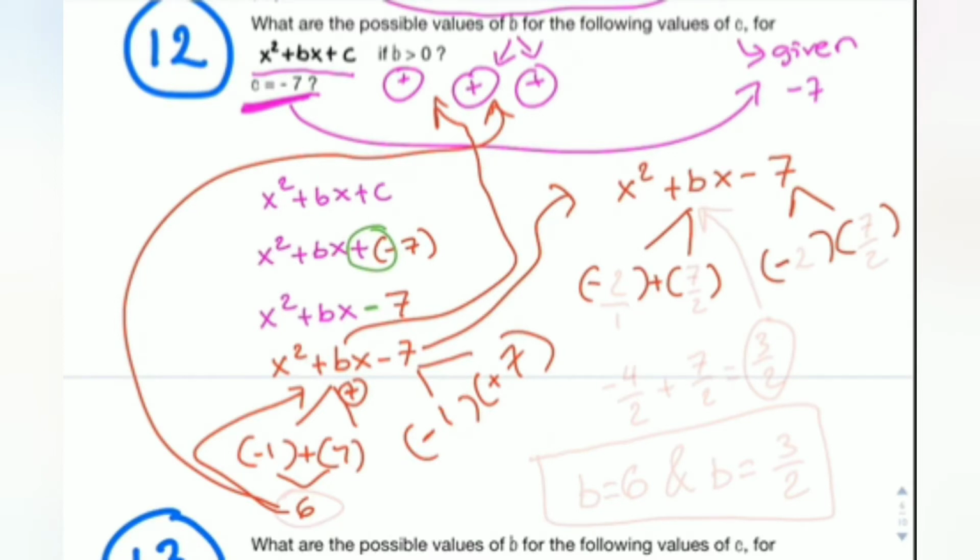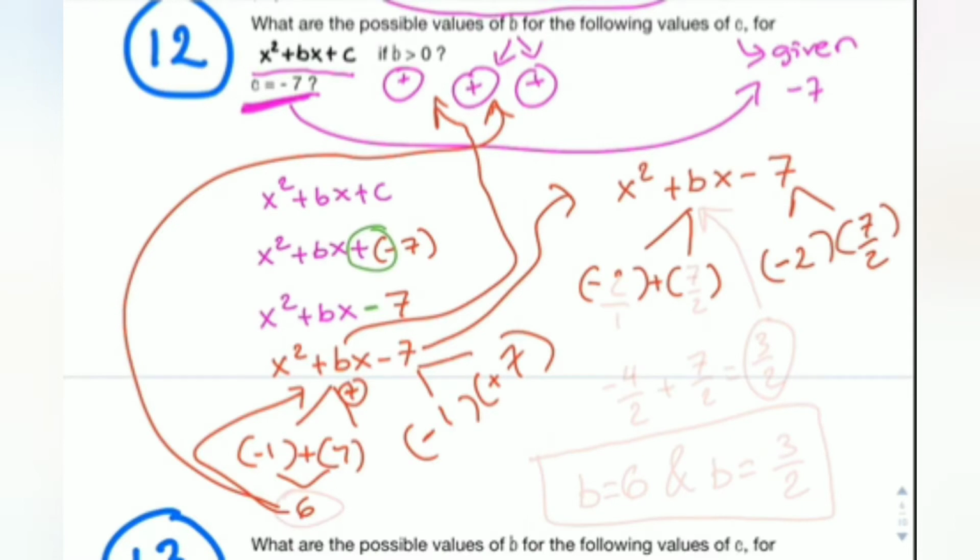So let's pick -2. -2 times something equals -7. 7 over 2, right? Yes, -2 times 7 over 2 equals -7.